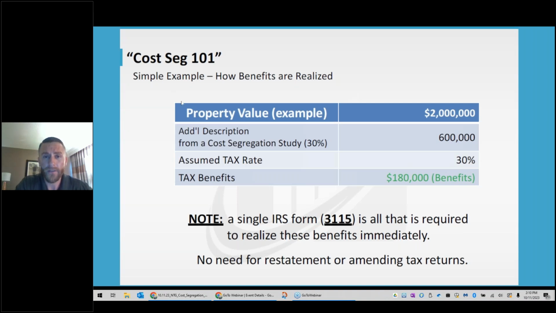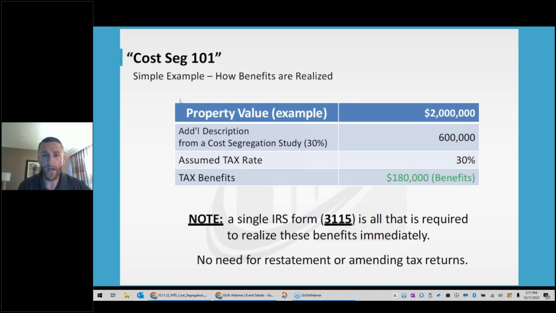Bonus depreciation is an owner's ability to expense at a higher percentage the amount of 5, 7, and 15-year assets. So what we will do as a cost segregation firm is we will identify all of, again, the 5, 7, and 15-year assets.